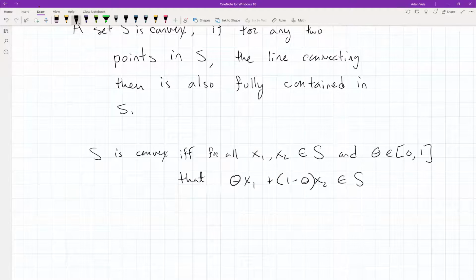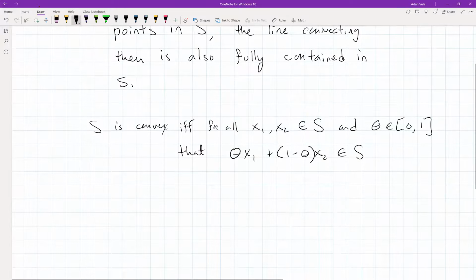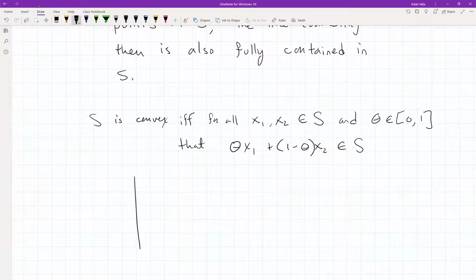Now, I think the easiest way to understand this is to visualize it. So I'm going to draw a convex set, and then I'll draw out what I mean. Let's say we had constraints that made the feasible set this box right here. So it's everything inside of here.